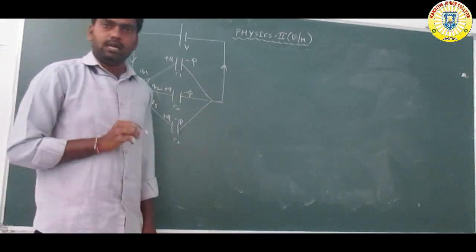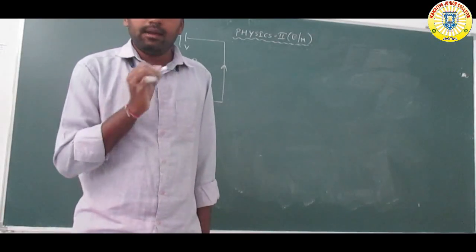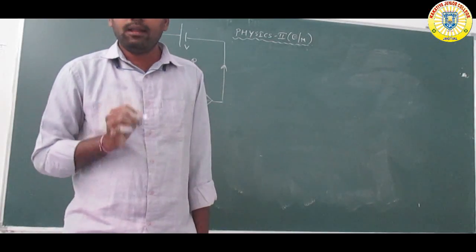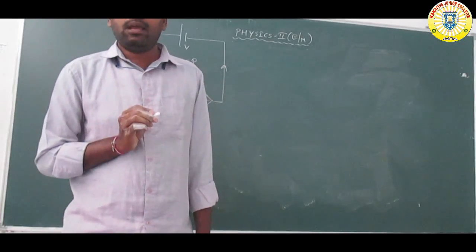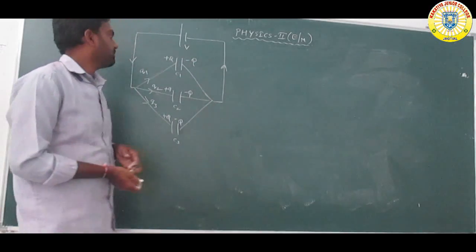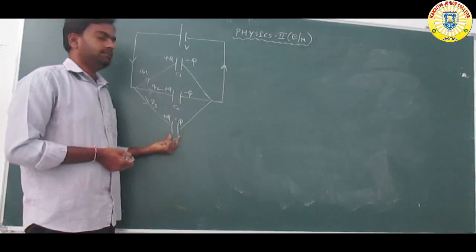Now observe that the capacitors are connected in a parallel combination. So how are they connected? This is the first capacitor, second capacitor and third capacitor.